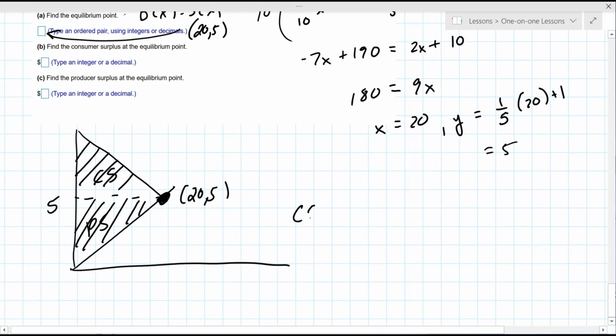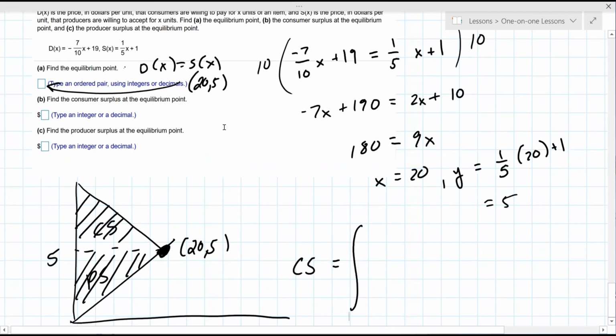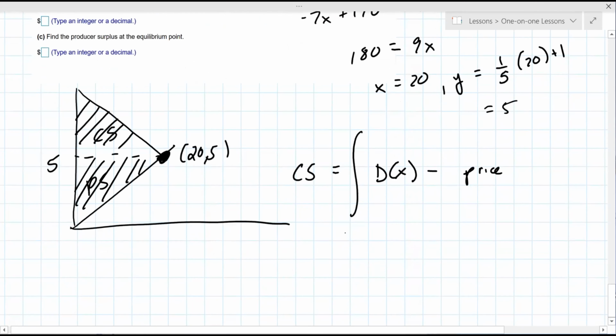So the consumer surplus is the integral of the function that's downward sloping. And I'm stalling because I can't remember which one it is. It's the d of x minus your equilibrium price, and you go from 0 to the quantity, which you might see differently in class, but these are the most relevant.